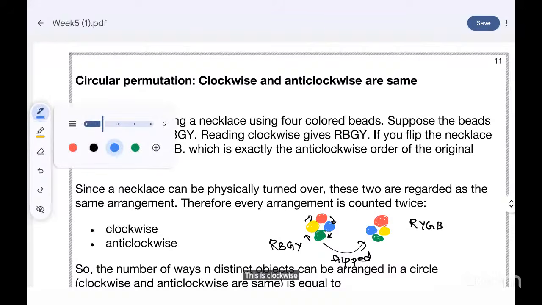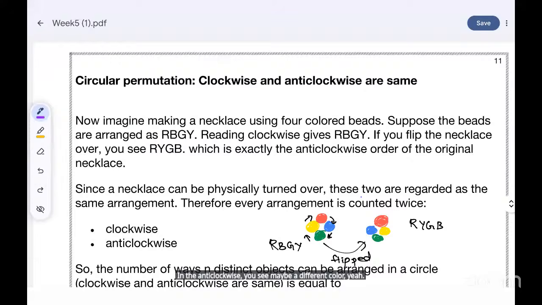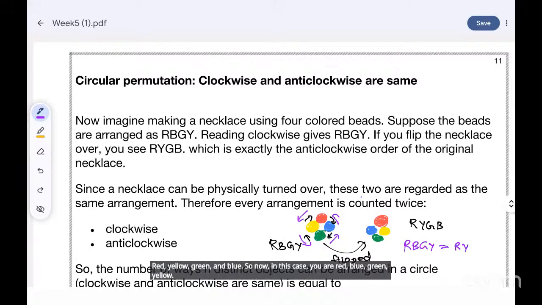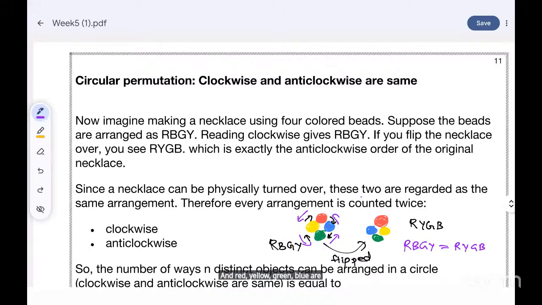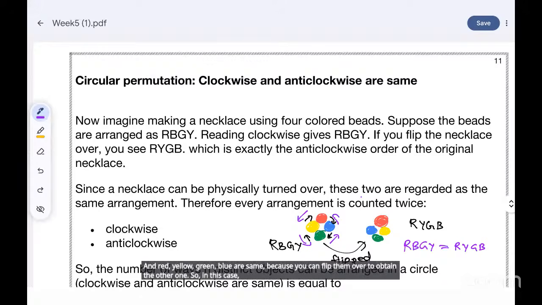And what is there in the anti-clockwise if you consider? In the anti-clockwise, red, yellow, green, and blue. So now in this case, red, blue, green, yellow and red, yellow, green, blue are same because you can flip them over to obtain the other one. So in this case, clockwise and anti-clockwise are same.